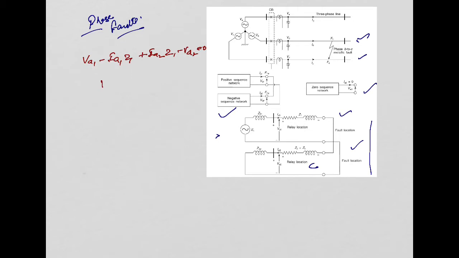After this manipulation, we will get Z1 equals VA1 minus VA2 divided by IA1 minus IA2, and I am assuming that you know about VA1, VA2, IA1 and IA2.